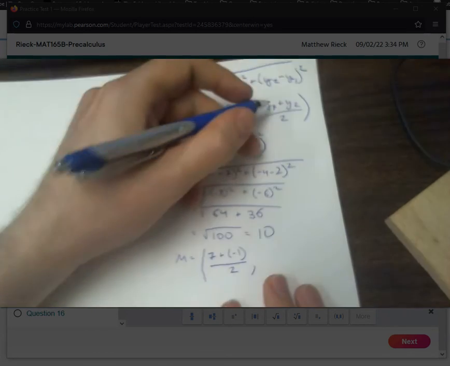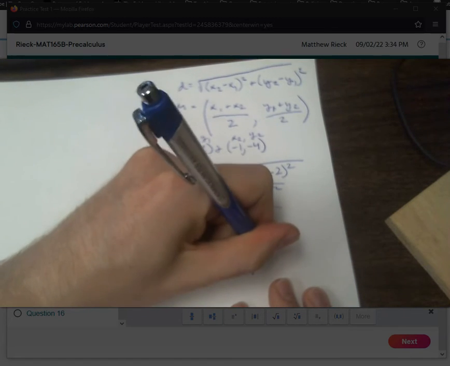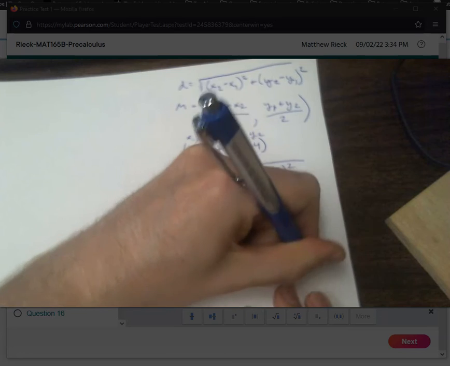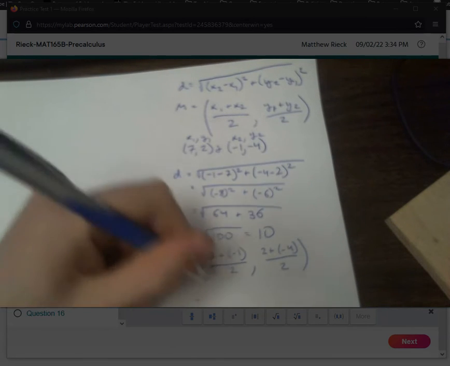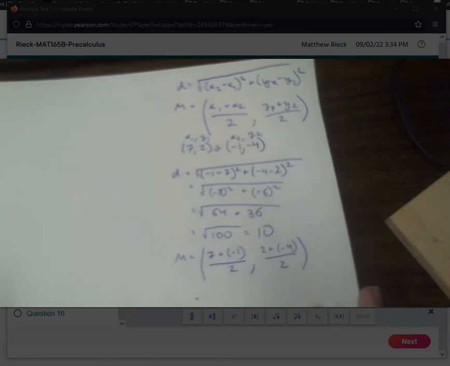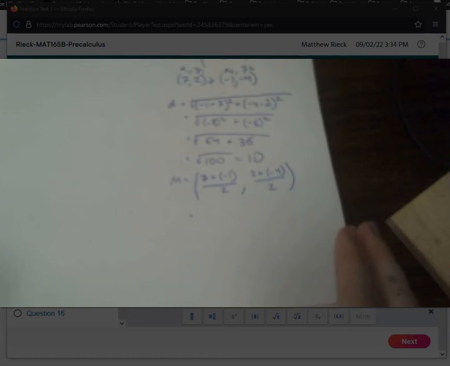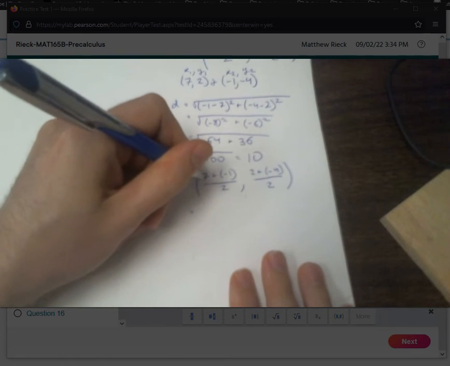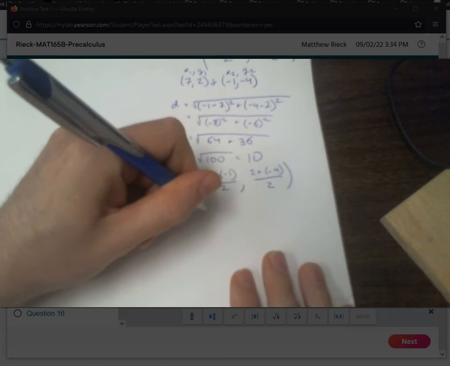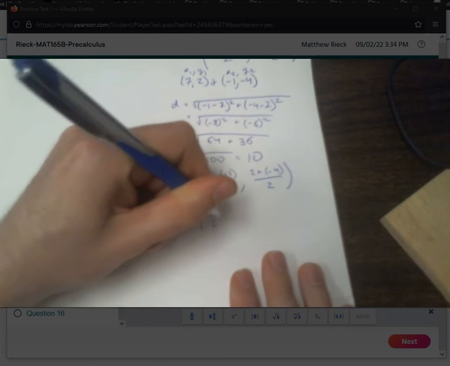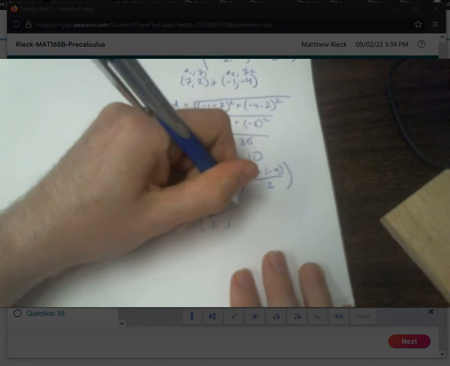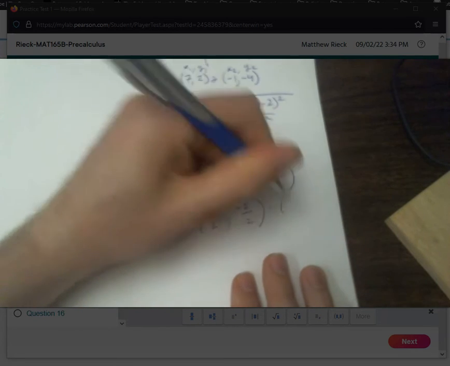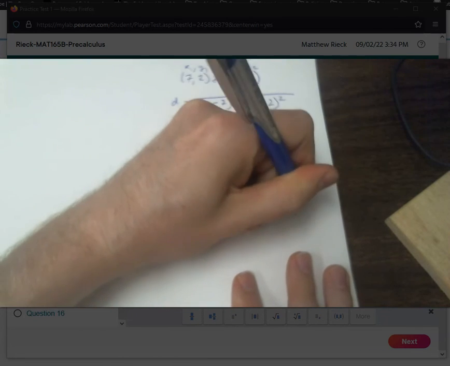And your y-coordinate is going to be y1 plus y2, so 2 plus -4, divided by 2. So 7 plus -1 is 6 over 2, and 2 plus -4 is -2 over 2. So the midpoint is (3, -1).